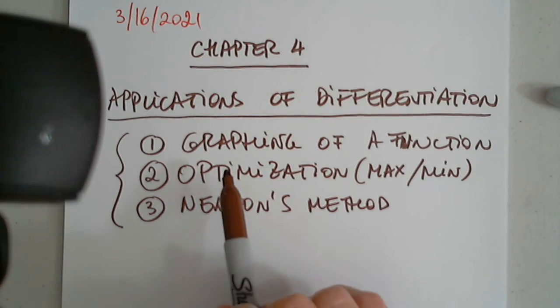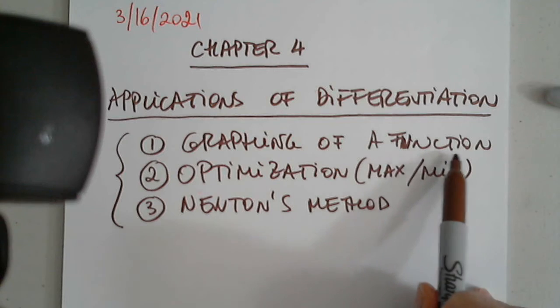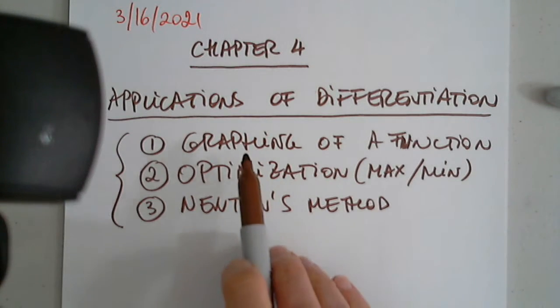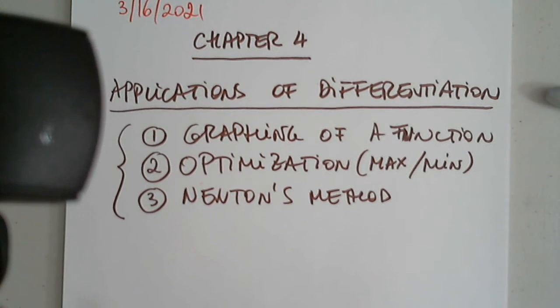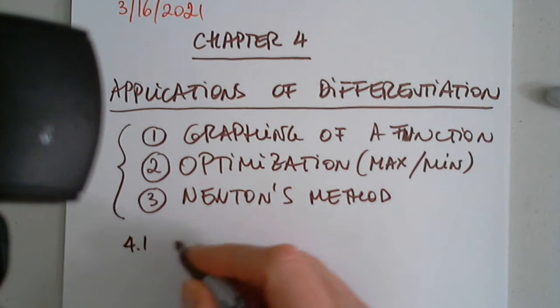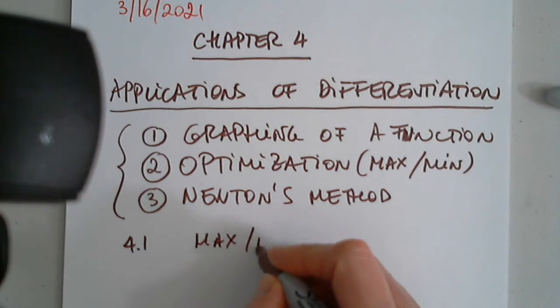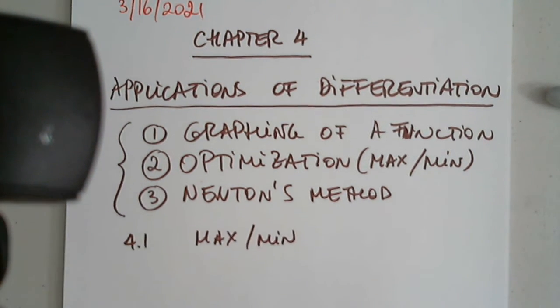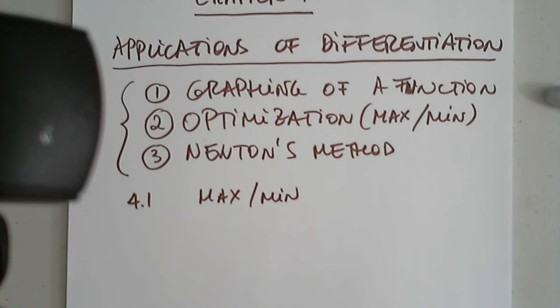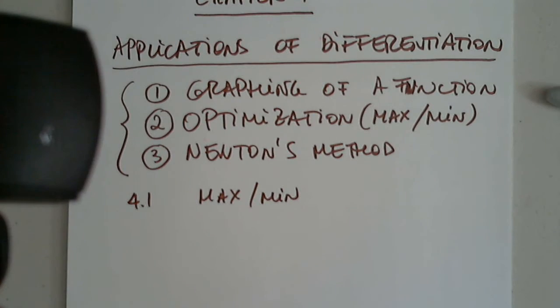Okay, so we're going to start with graphing of a function, but we start with other things first. So in 4.1, we're going to talk about max min. I'm going to choose a function. You can choose a function if you'd like.